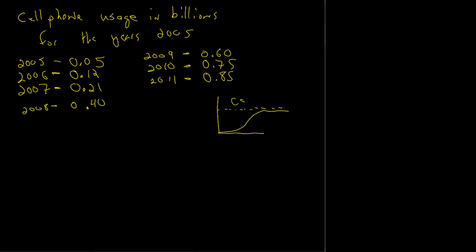So there's some carrying capacity. An enclosed population or an enclosed environment is usually a good sign that you can use a carrying capacity. And so we need to solve for the variables in the carrying capacity.